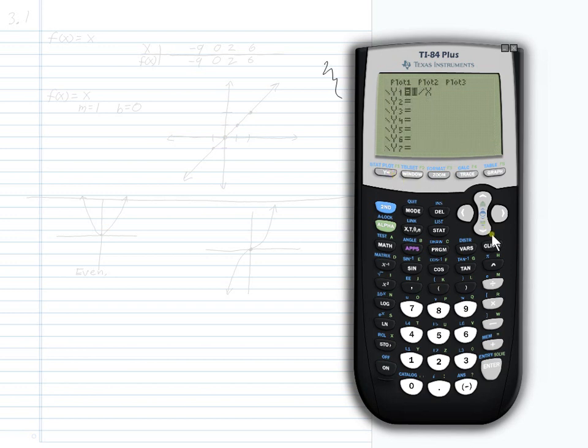So if we take some of these points that we've been looking at on our crazy tables and we plot them, we would see the general shape of our graph, and I'll zoom in a little so we can see a nice picture of this. Let me zoom from negative 6 to 6 and negative 6 to 6.